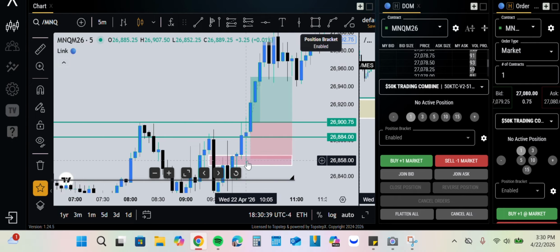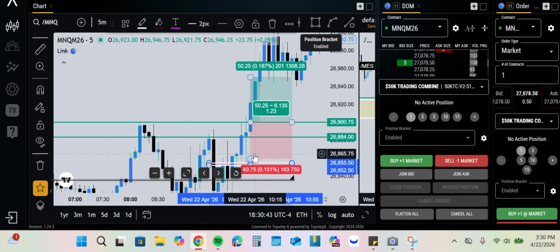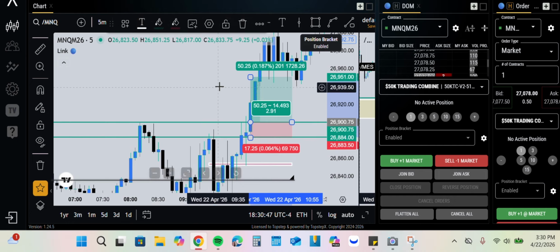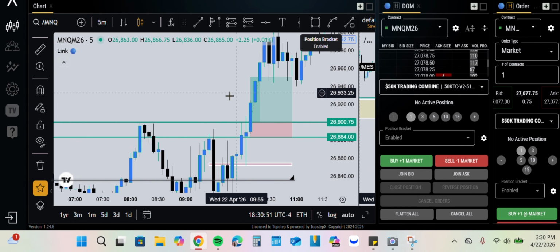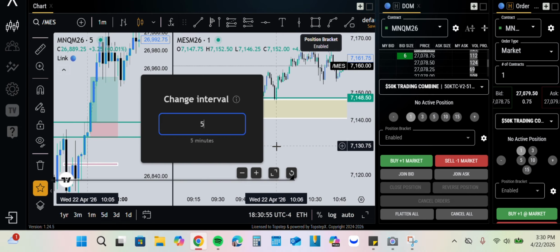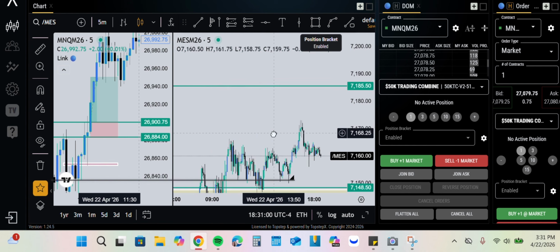because I put my stop loss about here, I believe. And I was only targeting 50 points because on MES, I was only waiting for it to go higher to reach the all-time highs.